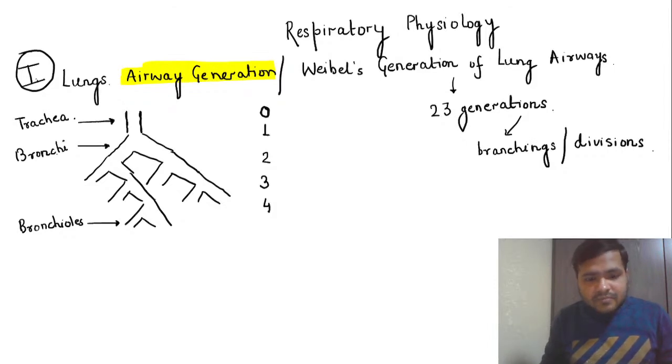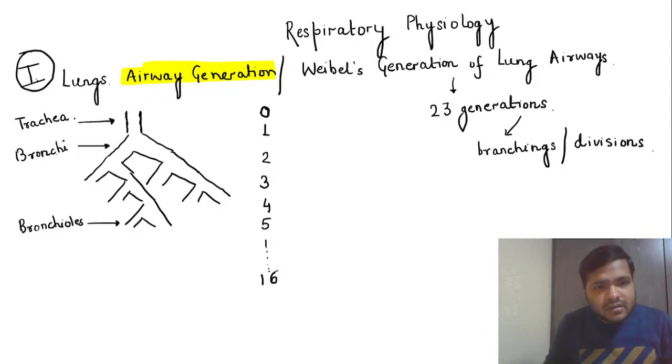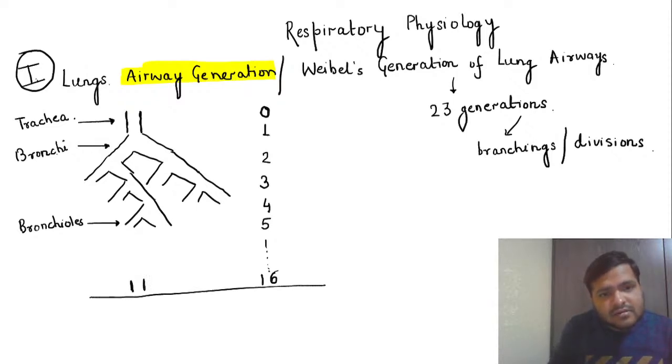Till level 16, these bronchioles will end, and this is what is called the terminal bronchiole. From 5 to 16, they will further end and later be called the terminal bronchiole.